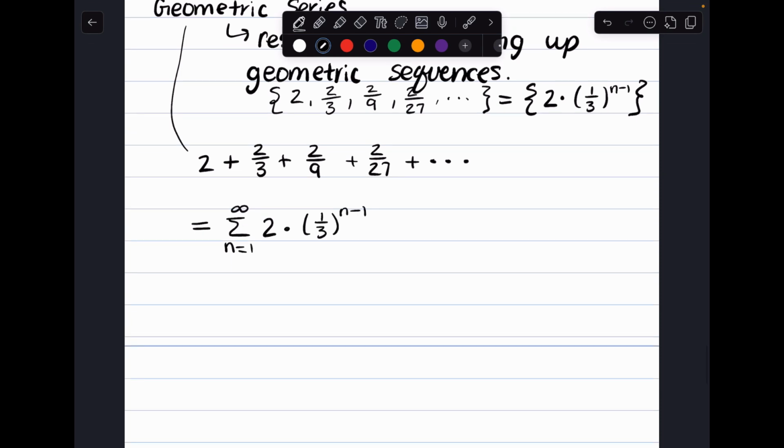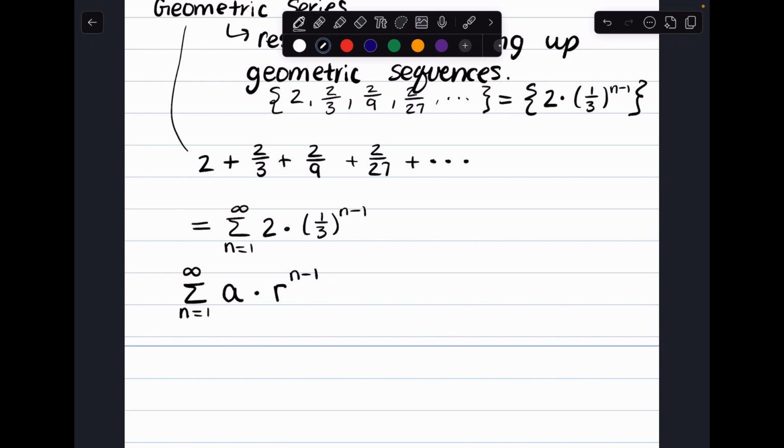So the consistent thing that we'll have with geometric series is that we'll have the sum from n equals 1 to infinity of a times our common ratio raised to the n minus 1.